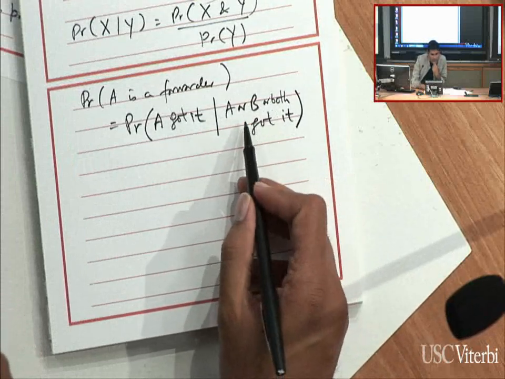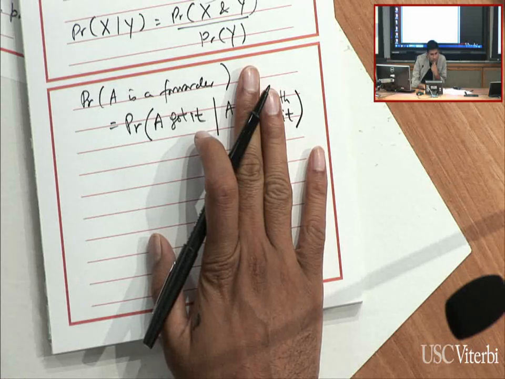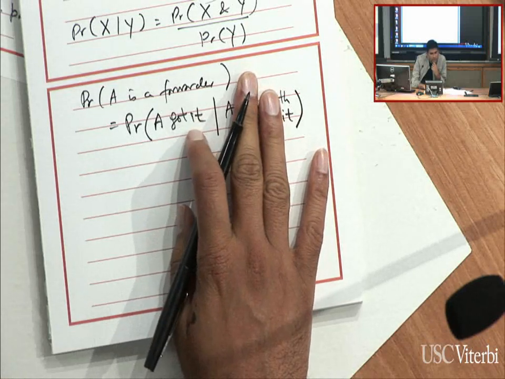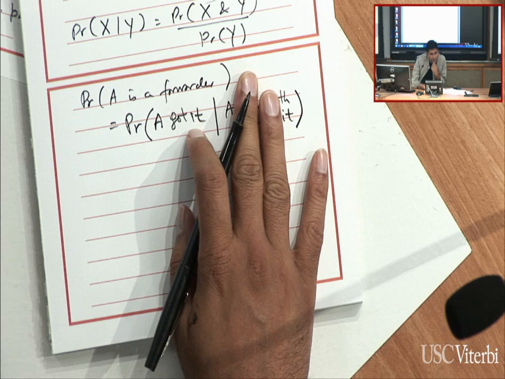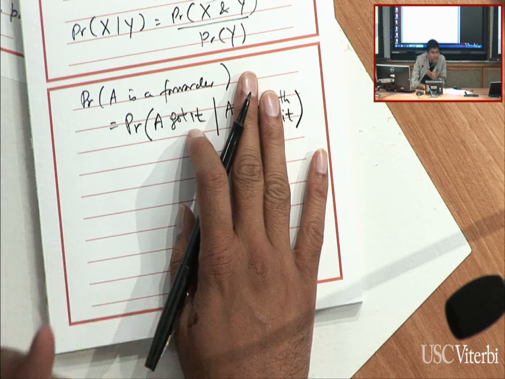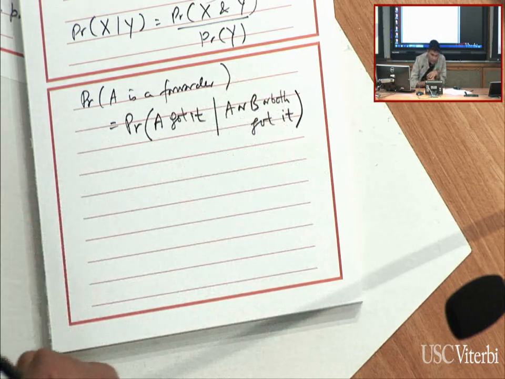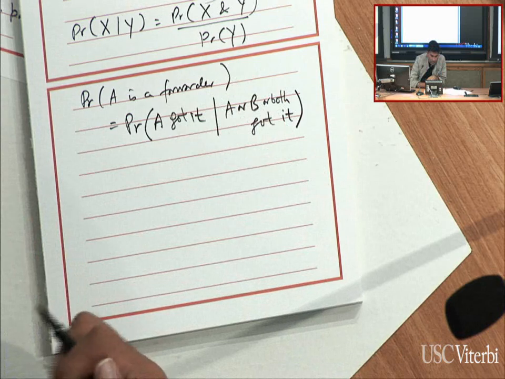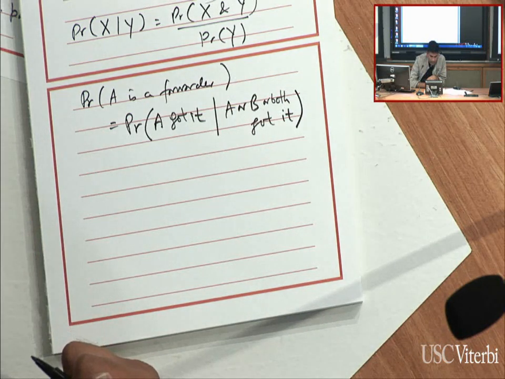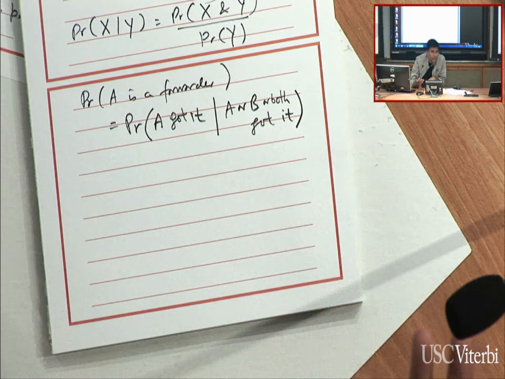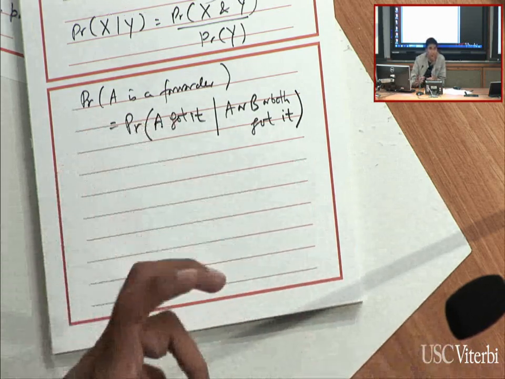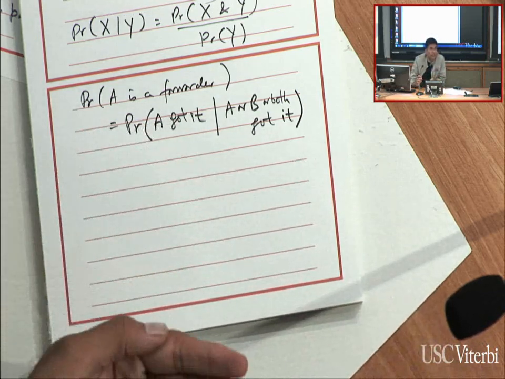If none of them got it, and you just focus on the probability that A got it, it doesn't account for the case when neither of them gets it, in which case it's not that B becomes the forwarder, it's that you retry again. So you want to focus on that portion of space where definitely somebody is going to be the forwarder. Of all the times that somebody is the forwarder, what fraction of times did A actually forward that packet?